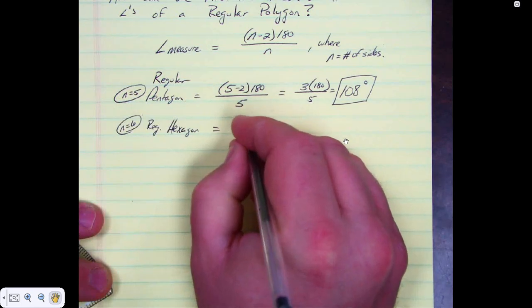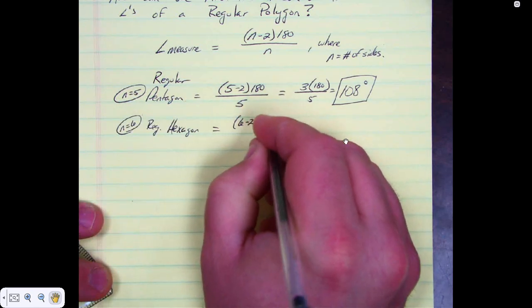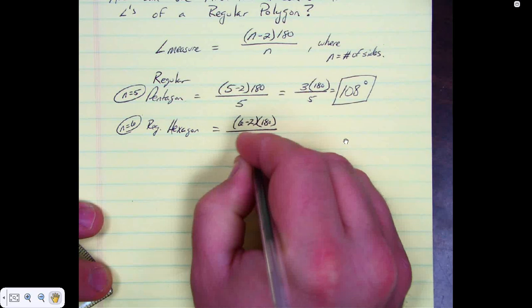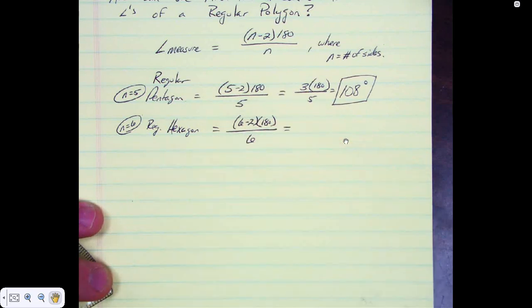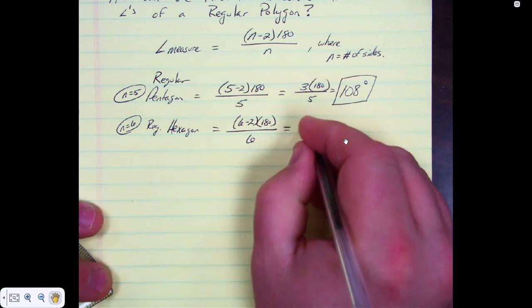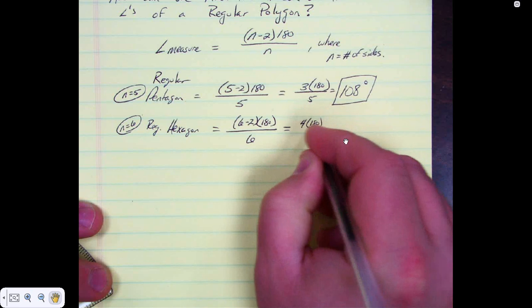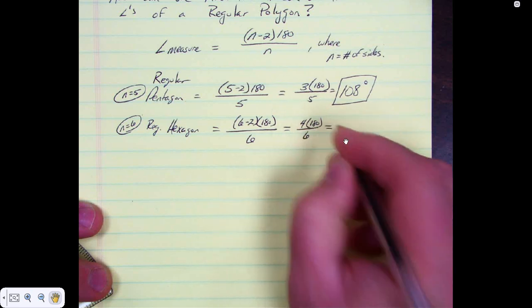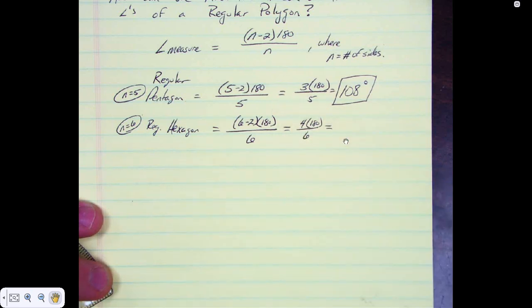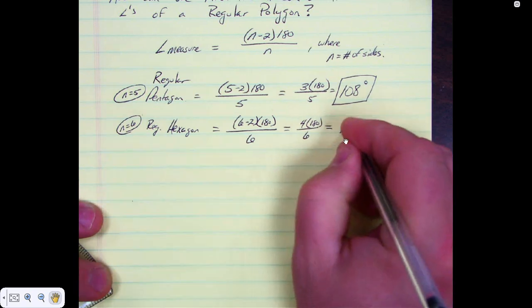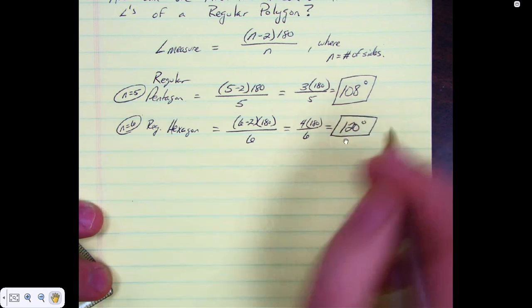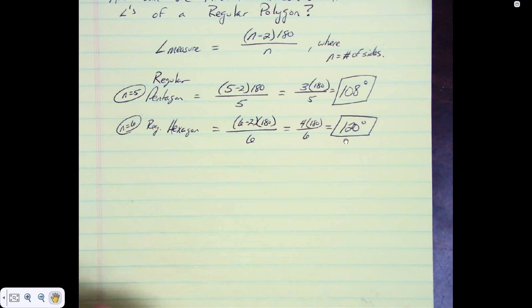So it would be 6 minus 2 times 180 divided by 6. 6 minus 2 is 4, so it's 4 times 180 divided by 6. What do you get as an answer? 120. So each interior angle of a regular hexagon is 120 degrees.